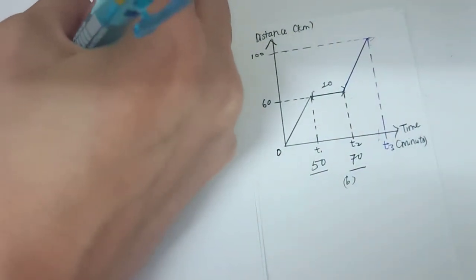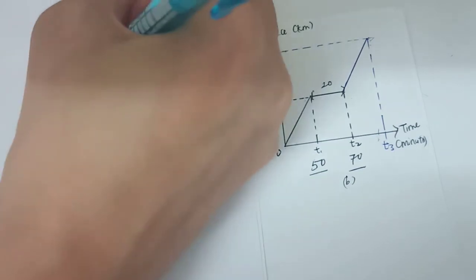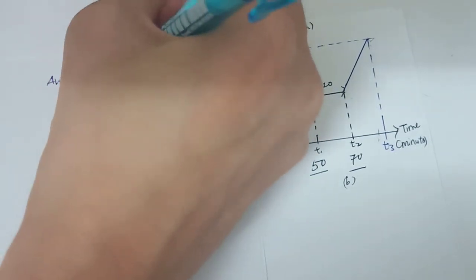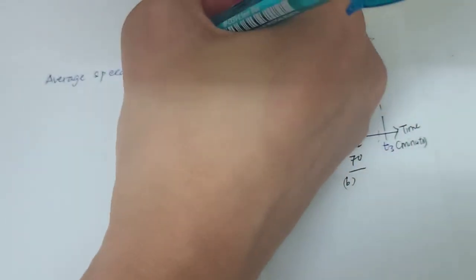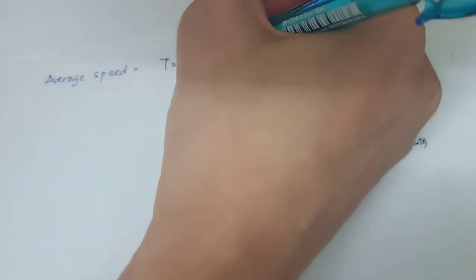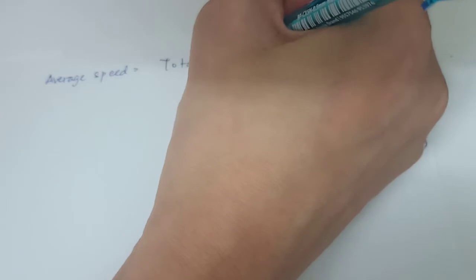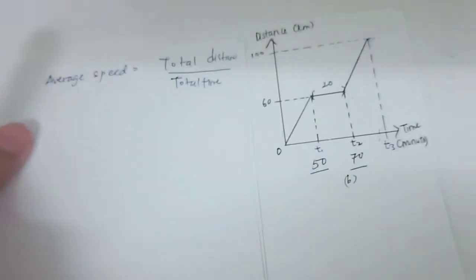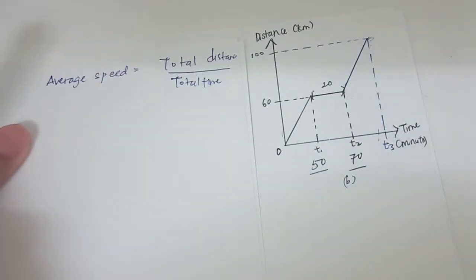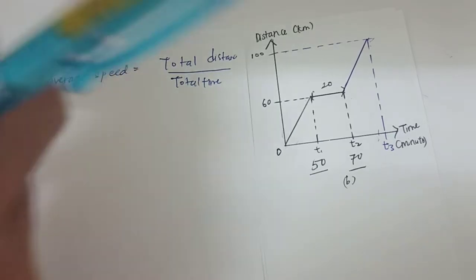Okay, we have the average speed. Remember the formula, average speed equals total distance traveled over total time taken. Now, average speed based on the question just now is 75 kilometer per hour.